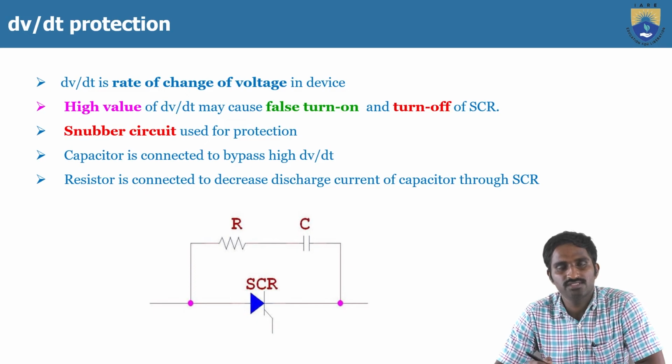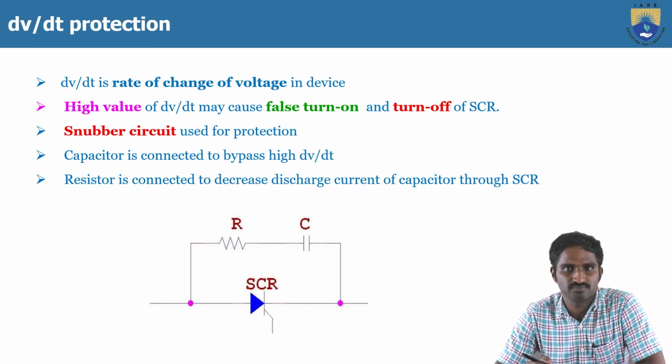The next one is dv by dt protection. The dv by dt is nothing but the rate of change of voltage in the device. If a high value of dv by dt is applied across the thyristor, it may cause a false turn on and a false turn off.